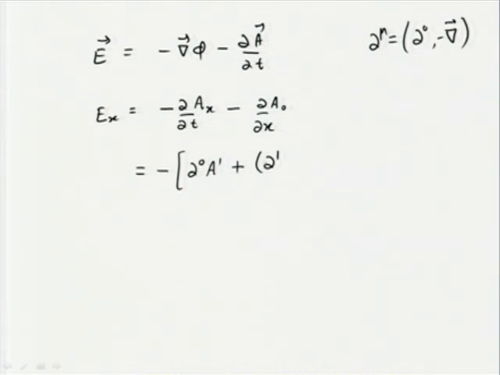So, there is a minus sign here. So, we have ∂_0 A^1 minus ∂_1 A^0, which is equal to minus ∂_0 A_1 minus ∂_1 A_0.